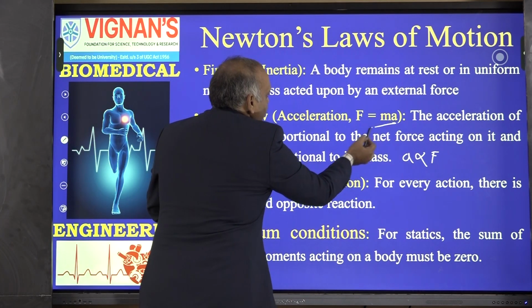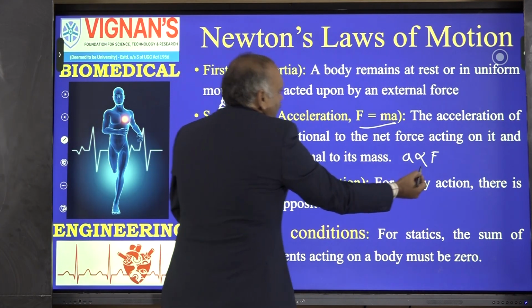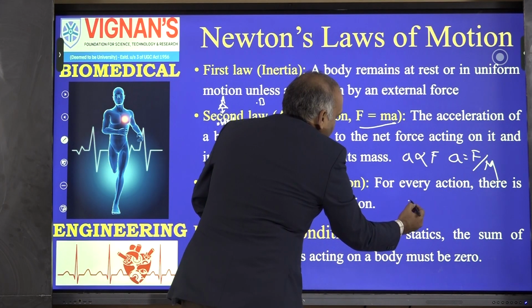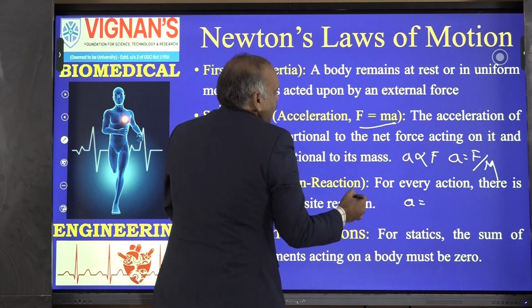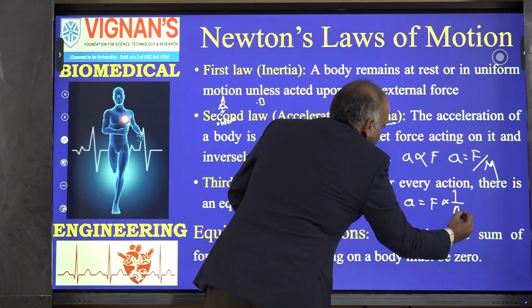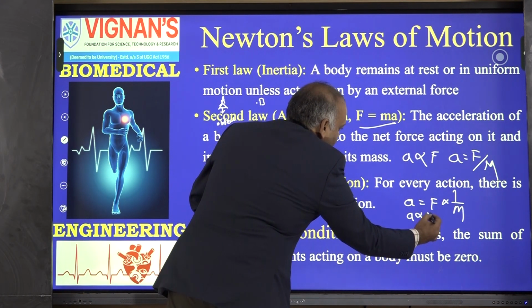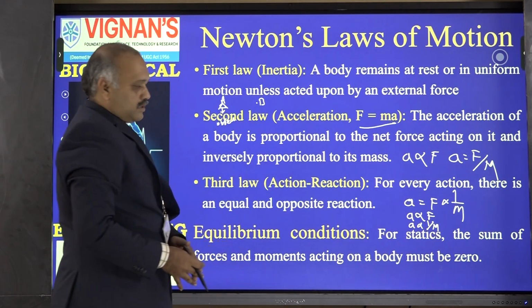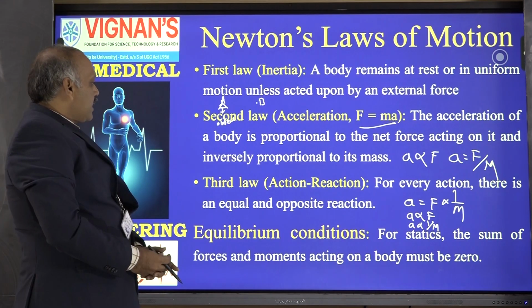You split this equation: F = ma, so A = F/m. Splitting the same equation again, F into 1/m, A is directly proportional to F and A is inversely proportional to its mass. That is the law of acceleration.